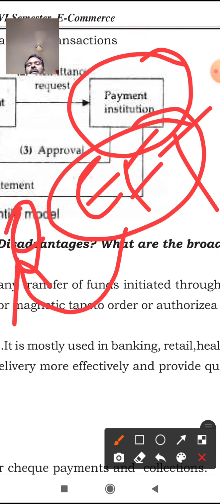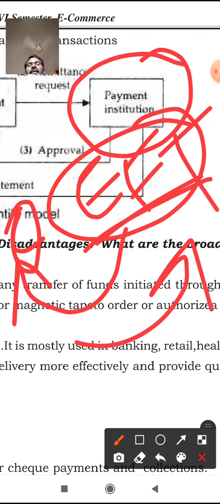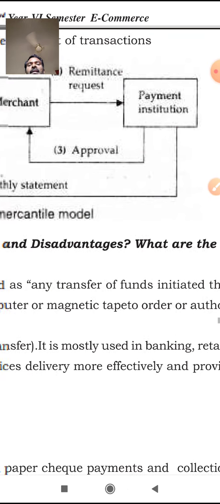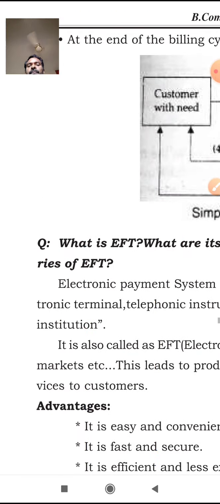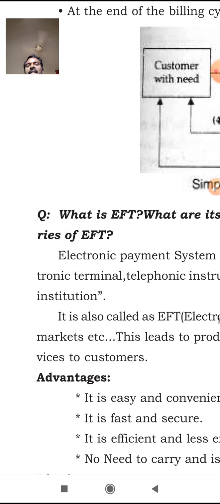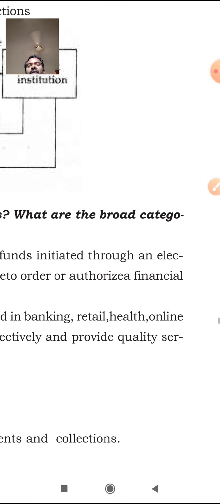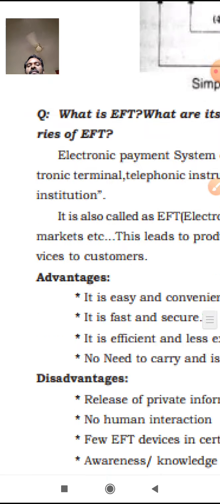With the help of EFT, the customer pays the money to the merchant with the help of payment institutions. That is commonly occurring in online business. So what is EFT? What are the advantages and disadvantages of EFT? What are the broad categories of EFT?